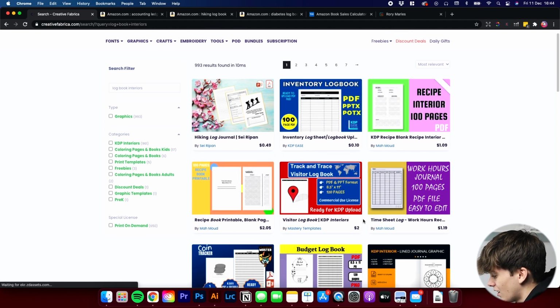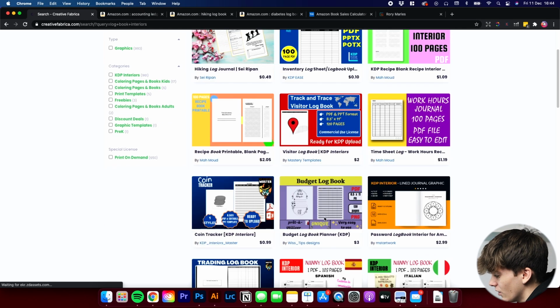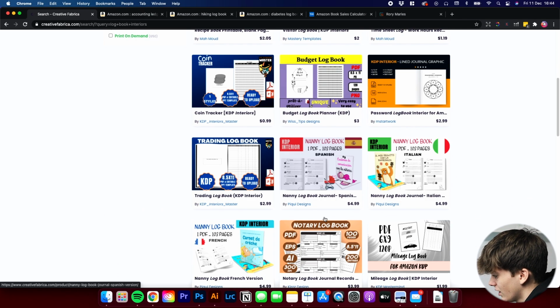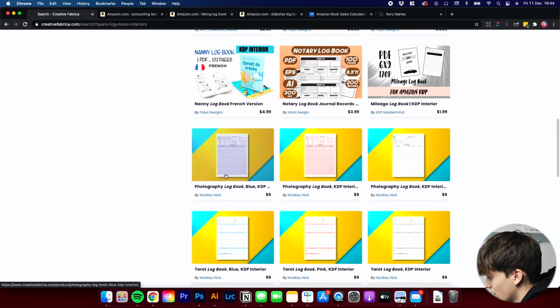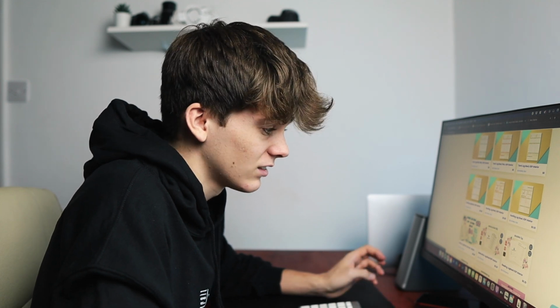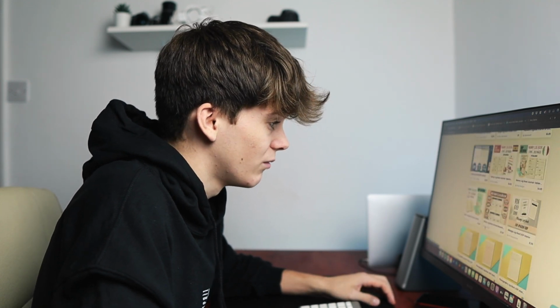Recipe, visitor logbook, timesheet logbook. As you can see, there are loads and loads of different types, and that means loads of different sub niches you can get into. Mileage logbook, photography logbook. You can create a logbook for anything basically, and there are big ones such as medication logbooks and workout logbooks, which sell very well.